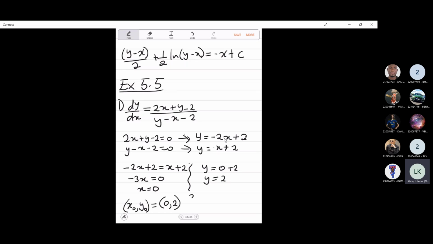And then here I have small x is equal to big X plus 0. So x is just equal to big X. And then small y will be equal to big Y plus 2. So that is the substitution I'm going to make.